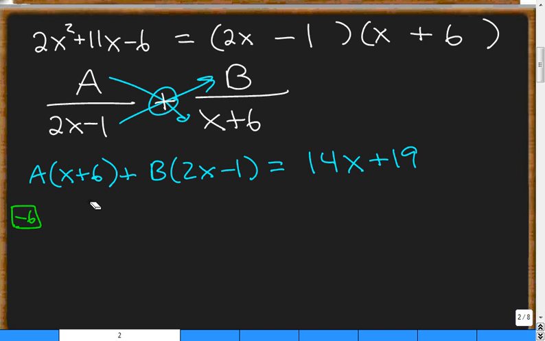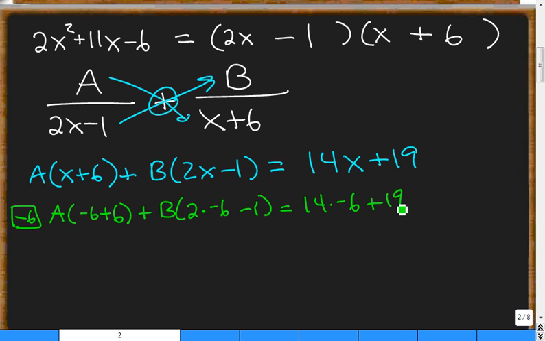We would get A times negative 6 plus 6 plus B times 2 times negative 6 minus 1 equals 14 times negative 6 plus 19. So this zeroes out. This we should end up with a negative 13B. And this we should end up with, let's see, so this is 14 minus 6 is 8, plus this is 27. So we're going to end up with B equals 27/13.